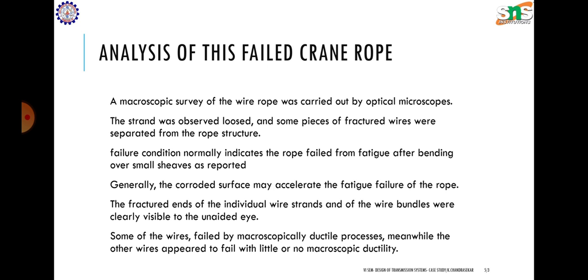The fractured ends of the individual wires and of the wire bundles were clearly visible to the unaided eye. They show a cup and cone shaped structure, so there may be a chance of tensile failure.